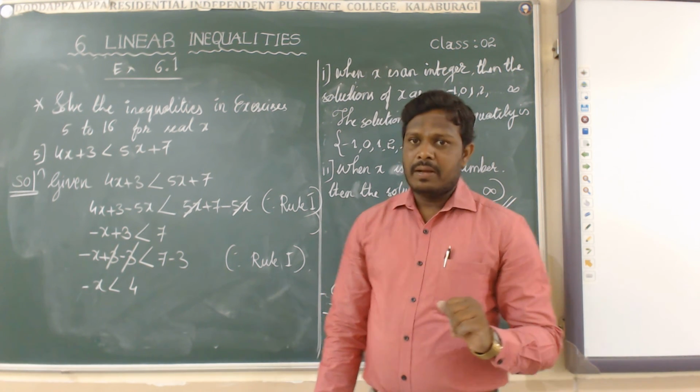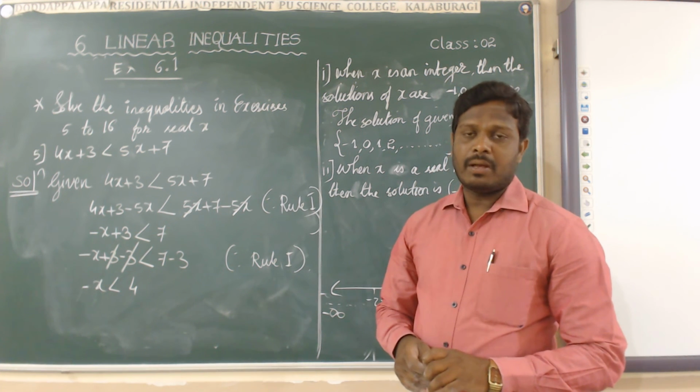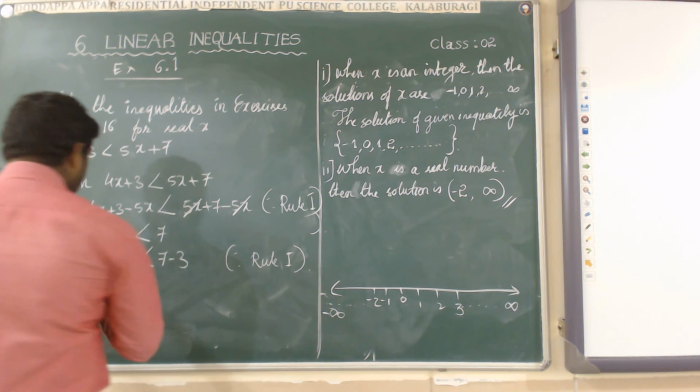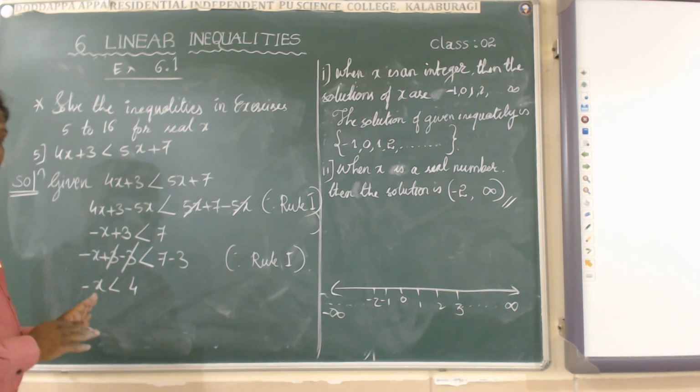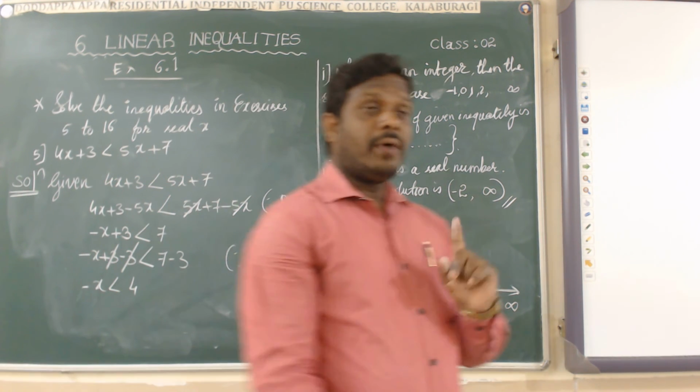So that's why we have to convert that one into positive form. How? Yes, we have to multiply or divide by minus 1 on both sides by using the second rule.